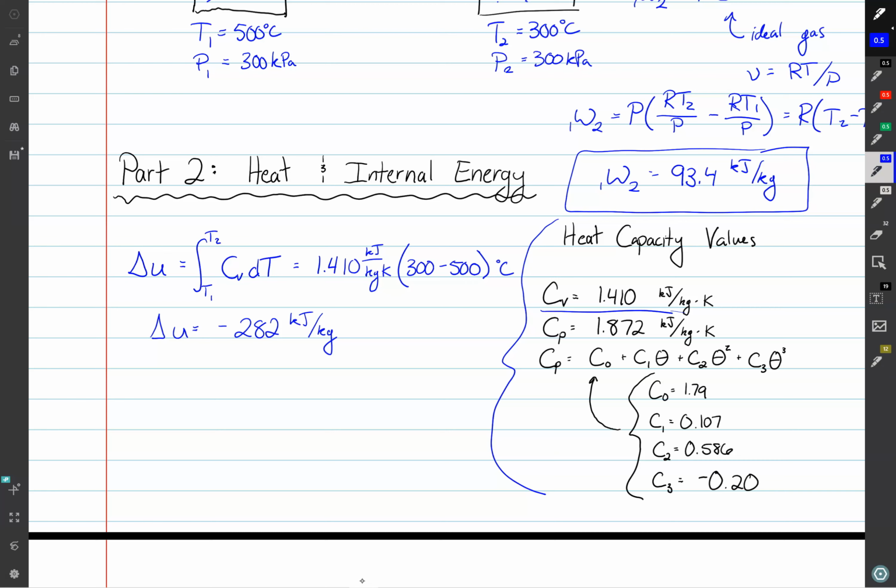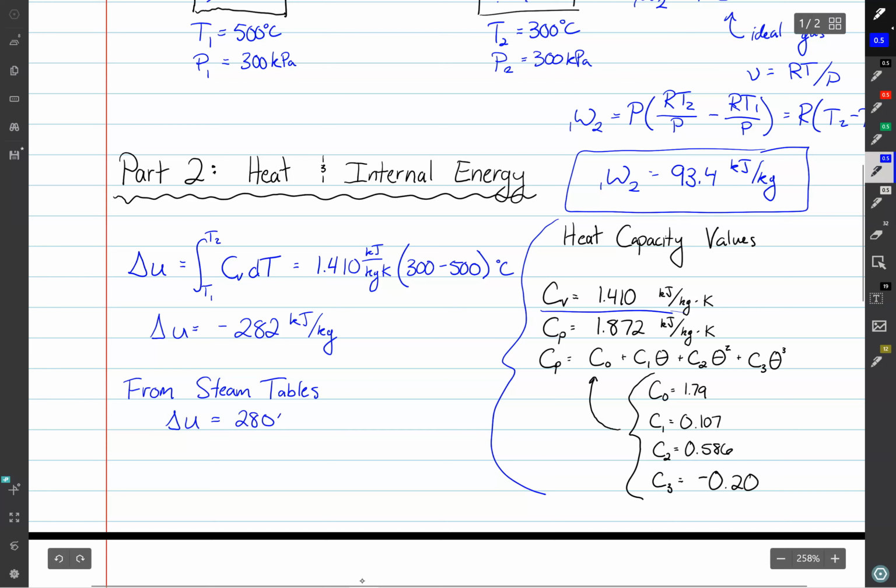Just of note, from our steam tables, delta U, if we looked up the numbers, would be 2806.7 kilojoules per kilogram minus 3130 kilojoules per kilogram.